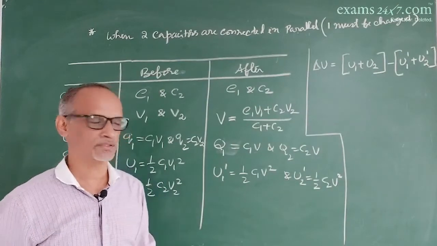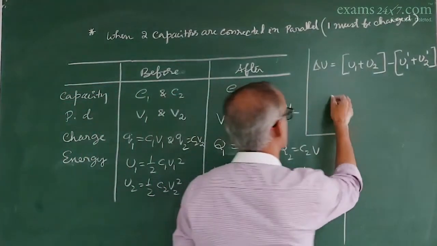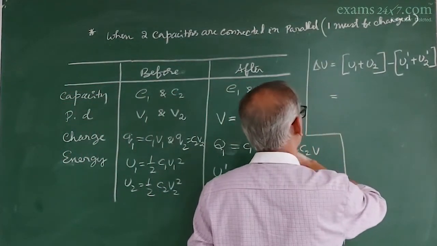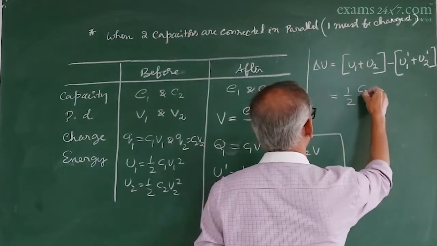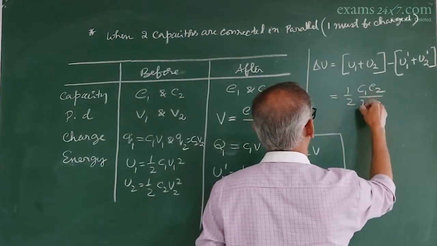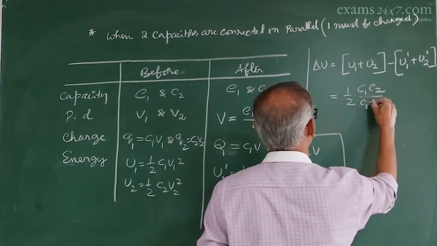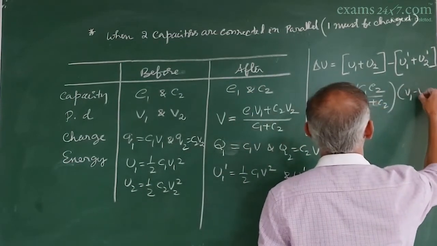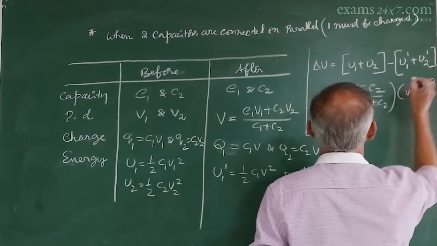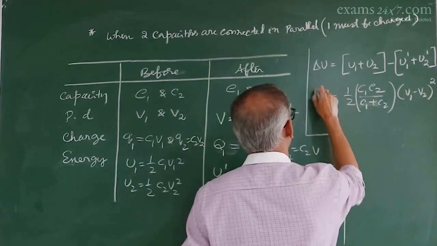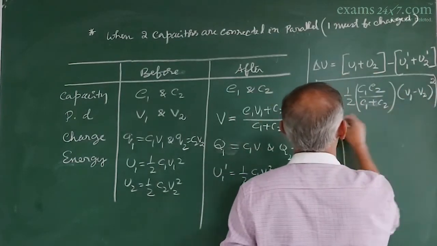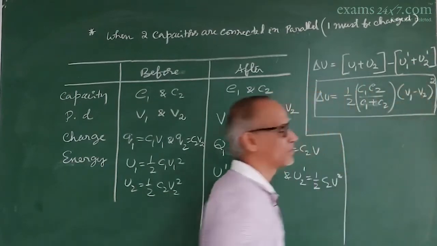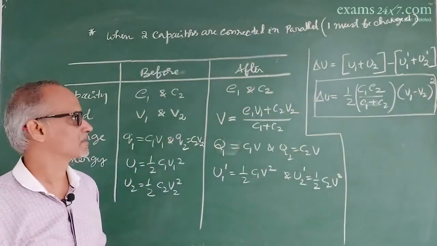To find the loss of energy, we have an easy direct equation, which is half into C1C2 by (C1 plus C2) into (V1 minus V2) the whole squared. So this is the formula for loss of energy due to the sharing of the charges.